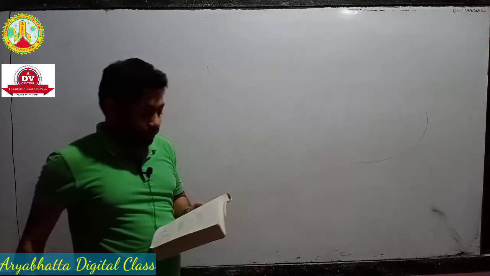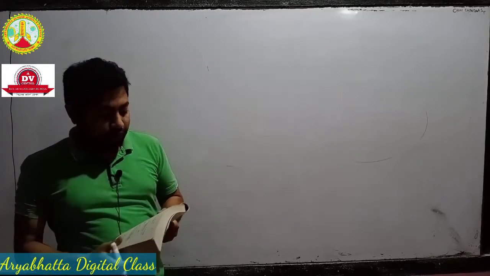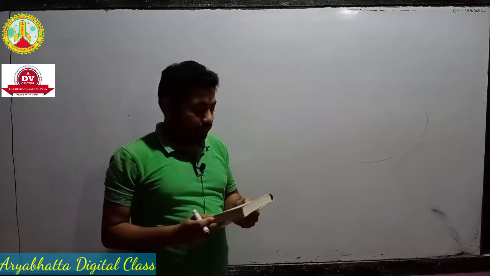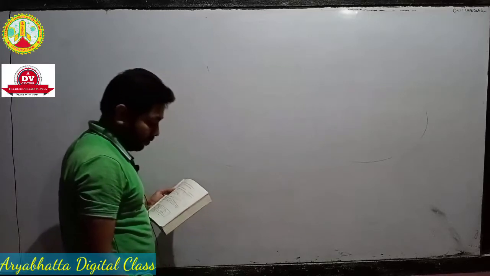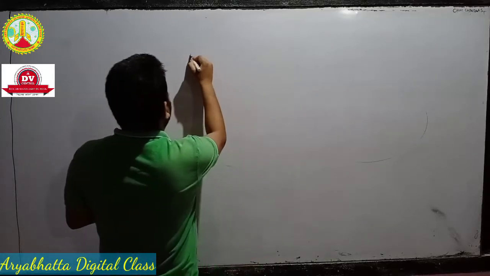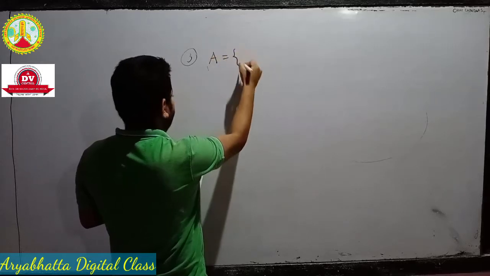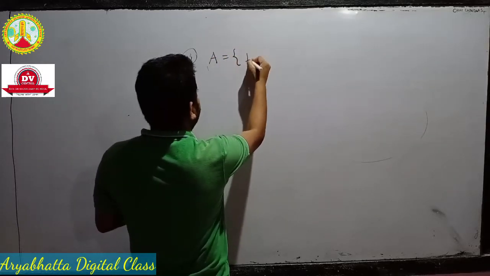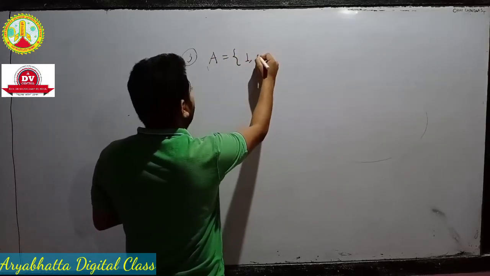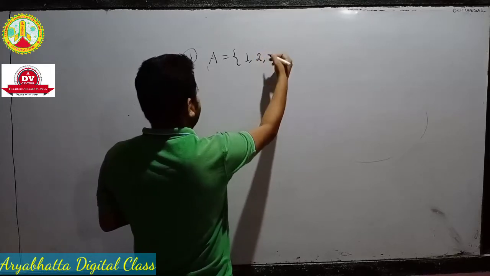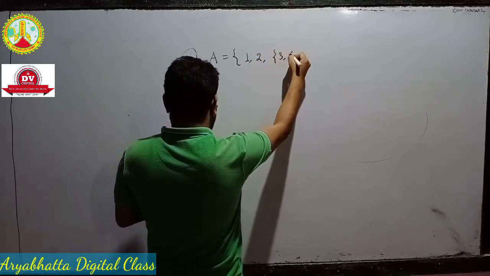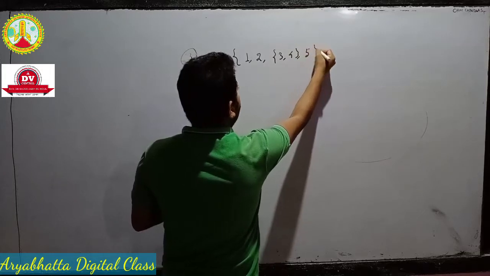Next, question number 3. Let A be the set whose elements are 1, 2, 3, 4, 5.